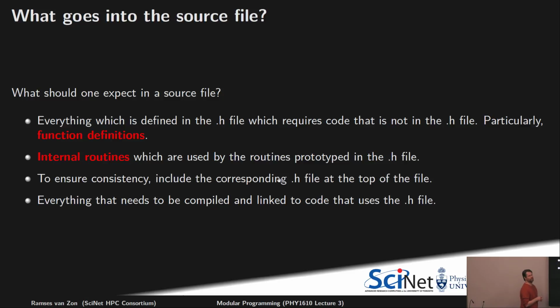So it will see that the number of arguments is correct, so it'll detect inconsistencies. Otherwise, you can just define your function there, and it might be a completely different function from the one that was in the header file. The number of arguments might not match. And then basically anything that you need to compile this piece of software goes in the source.